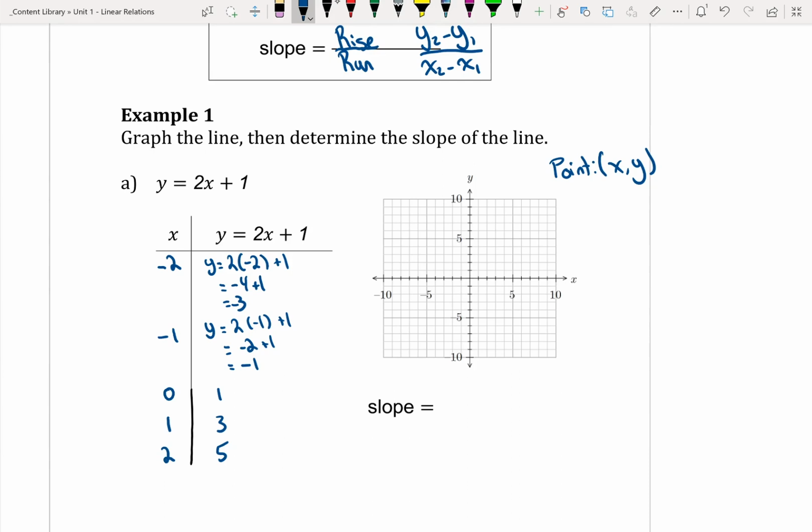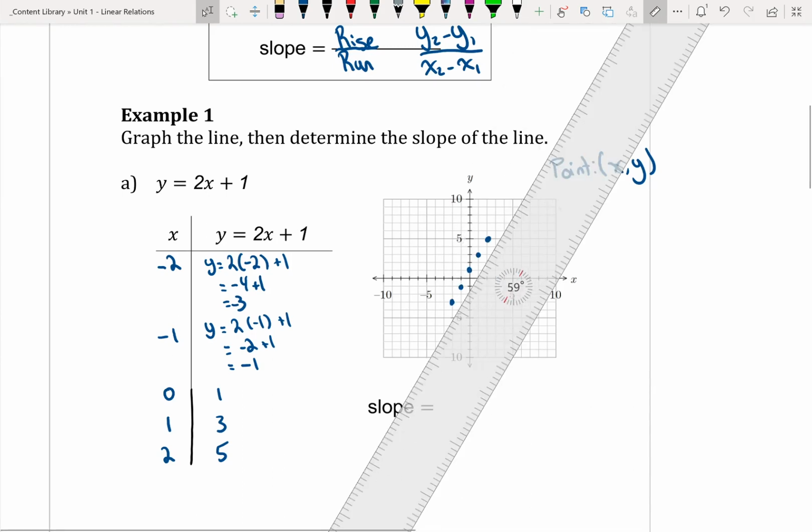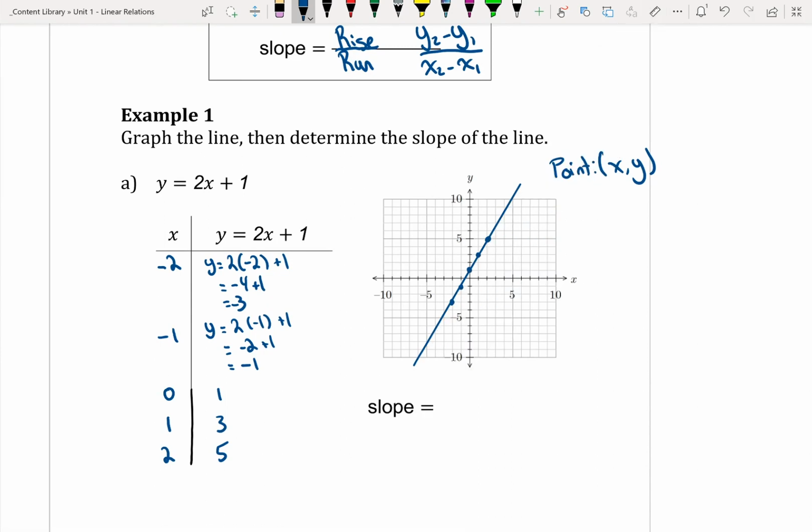So I'm going to plot all of my points: (-2, -3), (-1, -1), (0, 1), (1, 3), and (2, 5). Once I have these points plotted, I can draw a straight line through them. And there is my line.